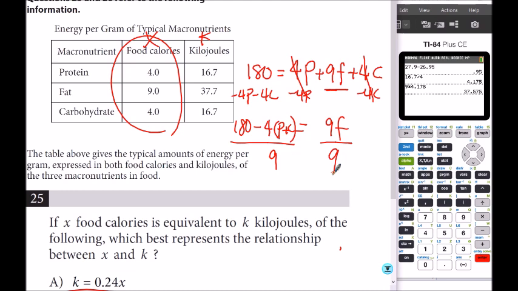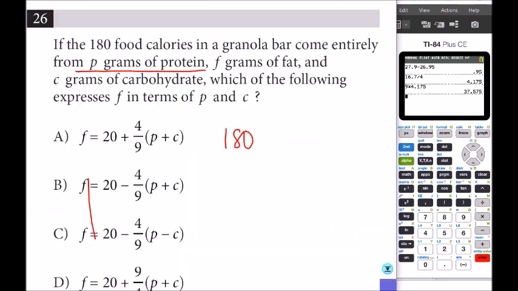So 180 minus 4P minus 4C over 9 equals F, which is 20 minus 4 over 9 times P plus C. Yes, so it is B, right?